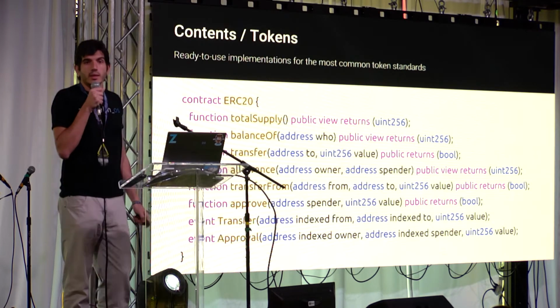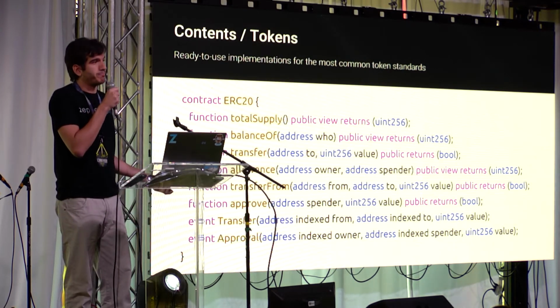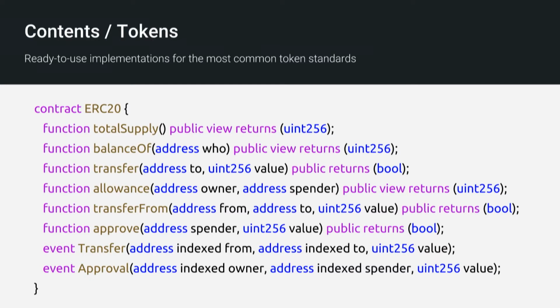Nowadays tokens are pretty much everywhere in the Ethereum ecosystem. The most widely adopted standard is ERC20. If you want to roll out your own ERC20 token, you basically need to implement all those methods for getting the total supply of the token, querying the balance of someone, transferring, approving transfers, and a few more.